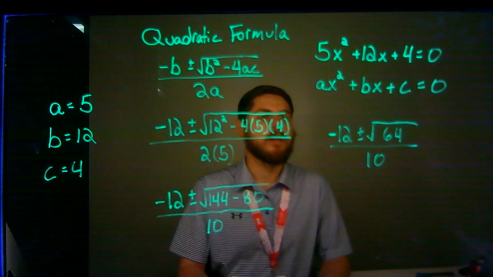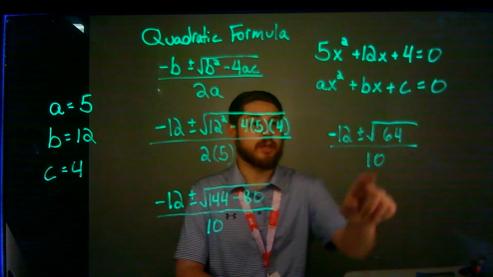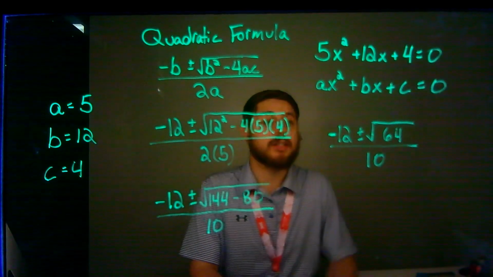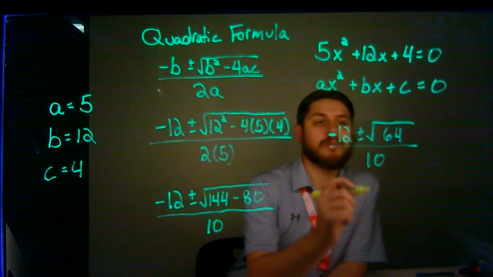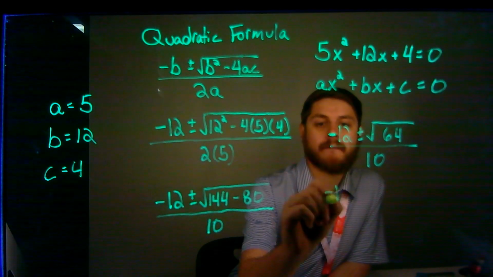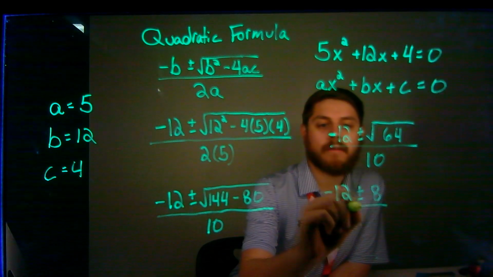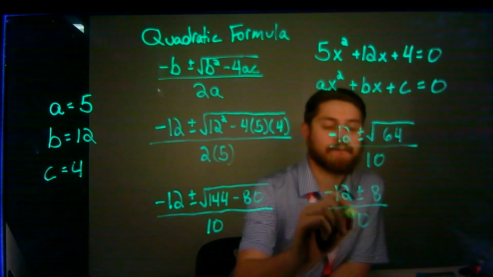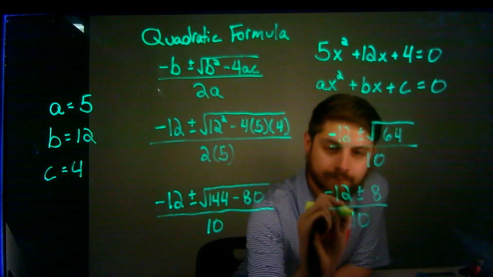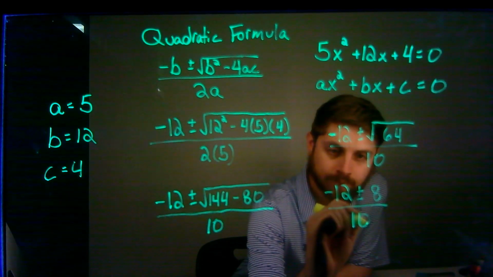All right. So then I'm going to ask myself, okay, is this a perfect square? In this case, yes. So the square root of 64, it's going to be 8 over 10.